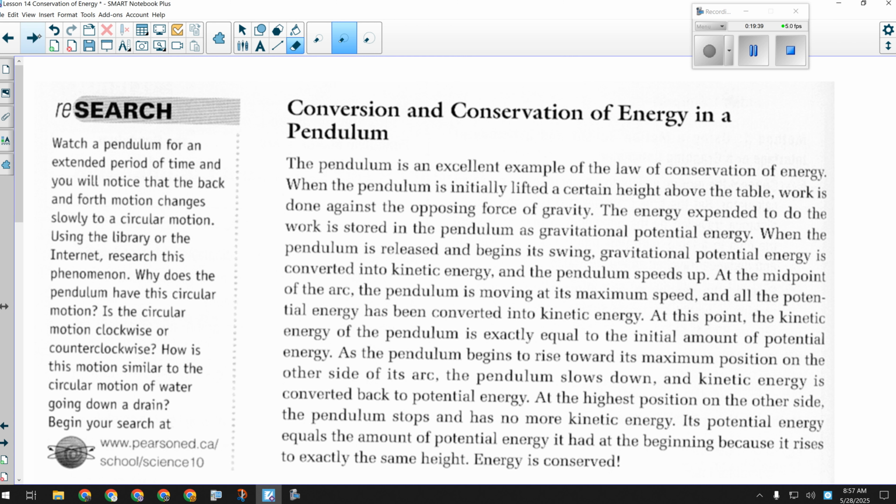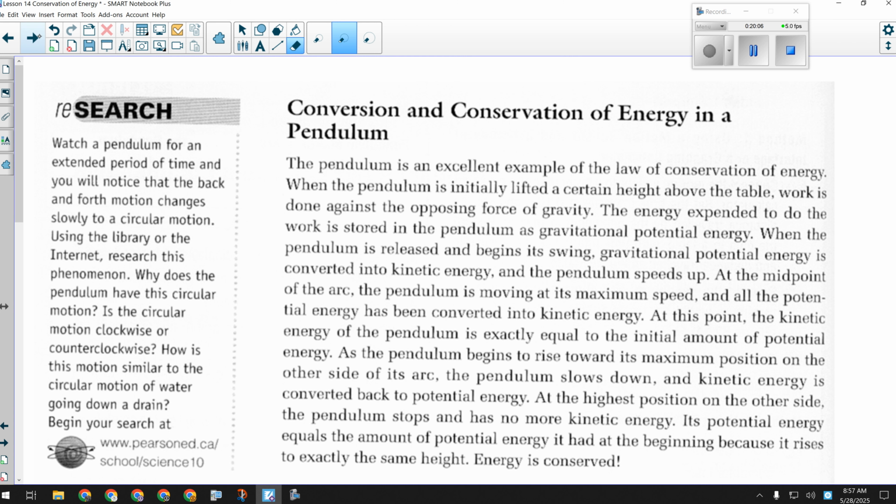If I did 25 joules of work to lift it to here, everywhere along the arc that pendulum has 25 joules of mechanical energy. The only thing that changes is how much of it is potential and how much of it is kinetic. When it's out here at its maximum point, it has 25 joules of potential energy. When it's here, at its lowest point, moving the fastest, it has 25 joules of kinetic.